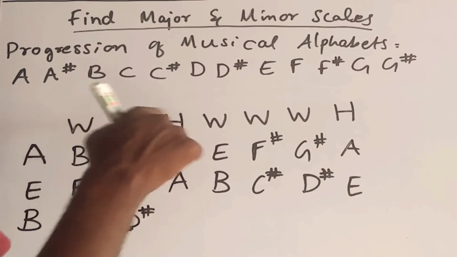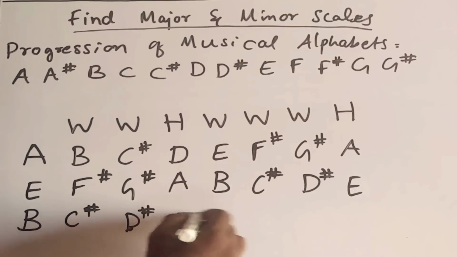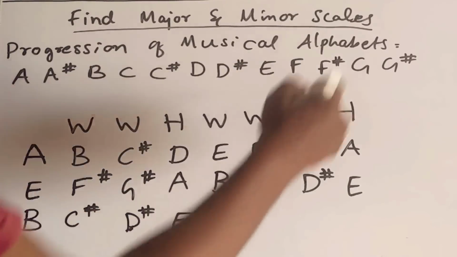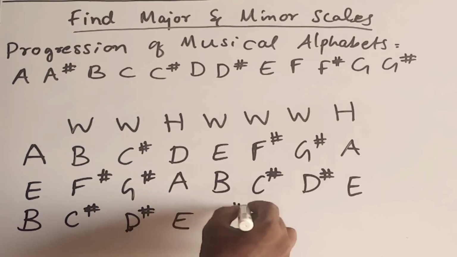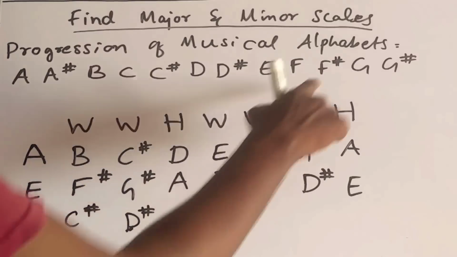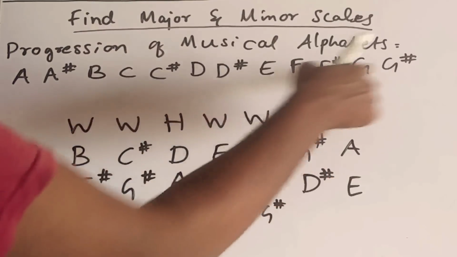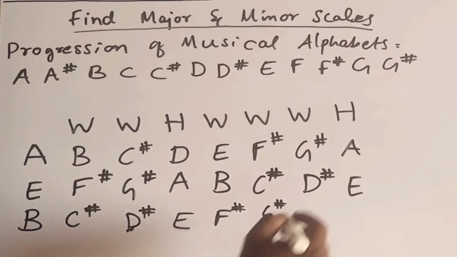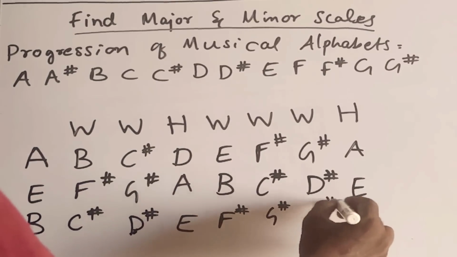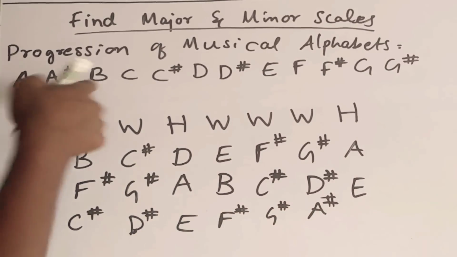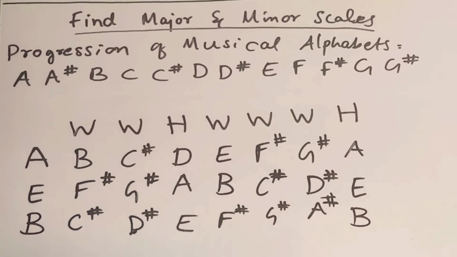D sharp to half step is E. E to whole step is F sharp. F sharp to whole step is G sharp. G sharp to whole step is A sharp. A sharp to half step is B. And that is the B major scale.